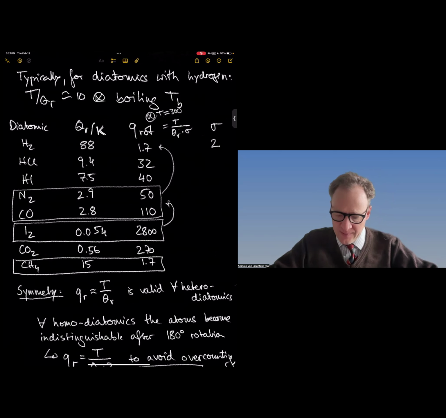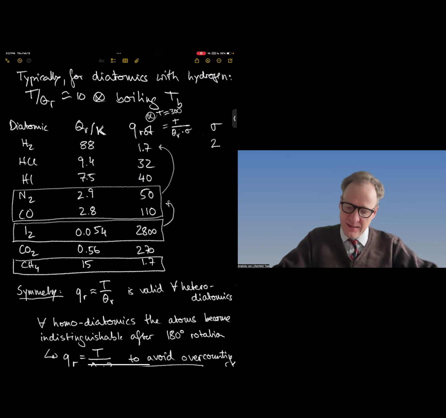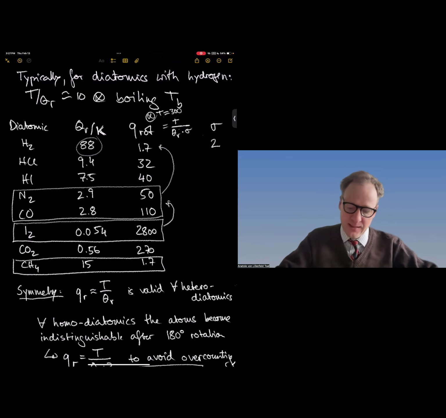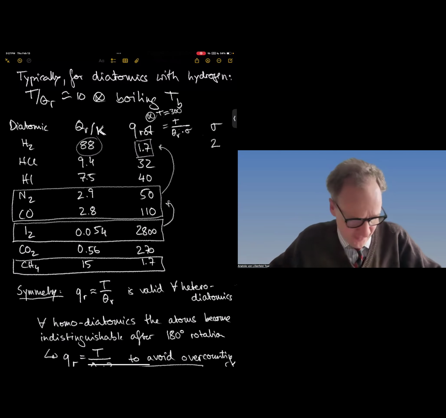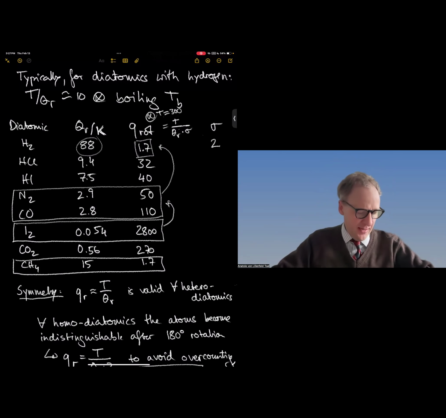So your 300 Kelvin here divided by 2 gives you 150, divided by 90, and then it is roughly this 1.7, right? So now the numbers should make more sense. The sigma for HCl is 1, right? The sigma for HI is 1.